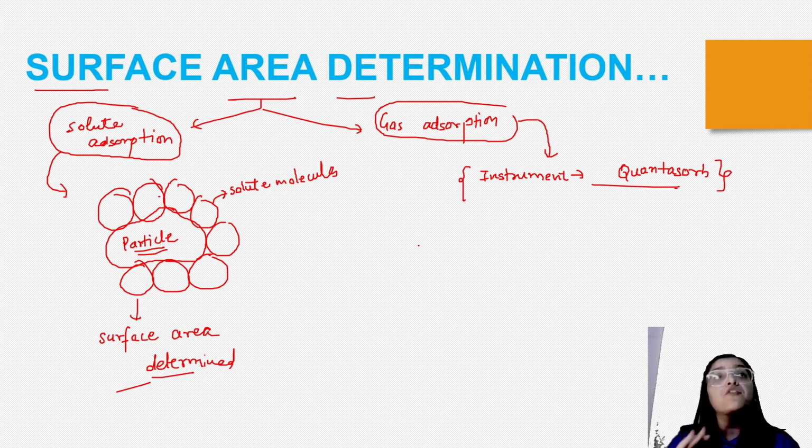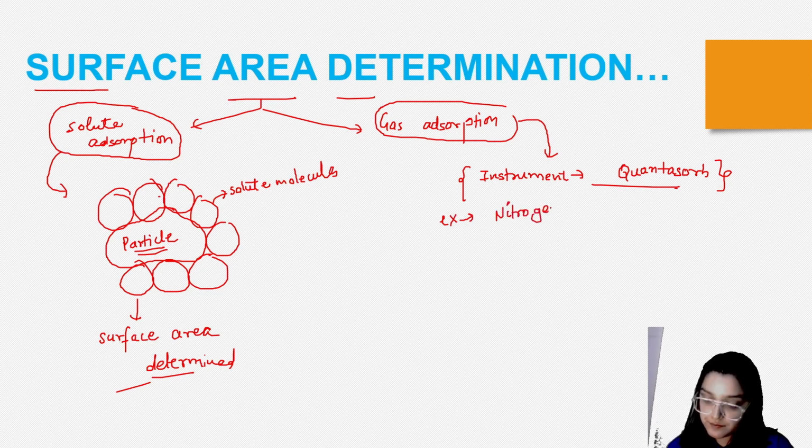By the name gas adsorption, we know that on our particles a certain gas will be adsorbed over its surface. You should know the gases adsorbed are nitrogen gas and helium gas.